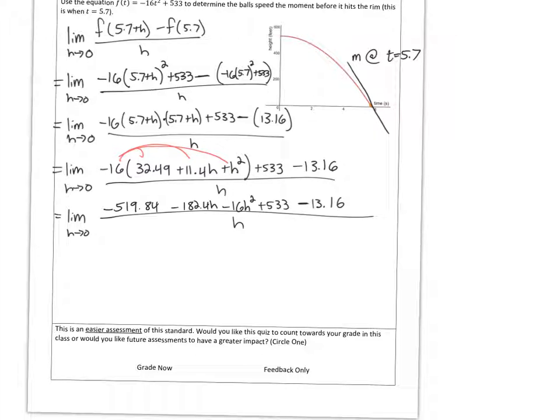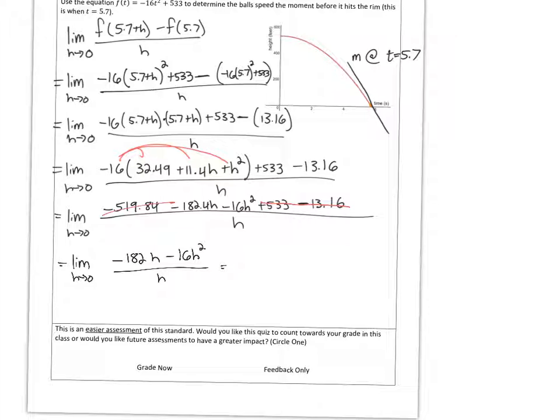It's going to get really simple here because when you reduce all of these number parts, they all end up actually going away. So all of this cancels out with all of the numbers there, and we're left with the limit as h approaches 0 of negative 182.4h minus 16h squared all over h.